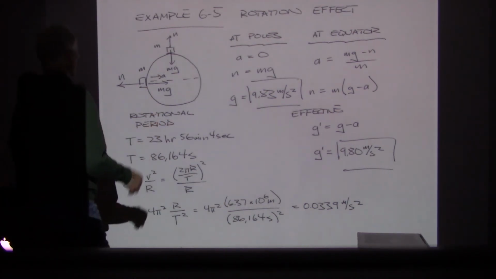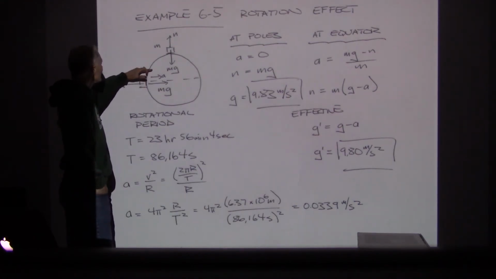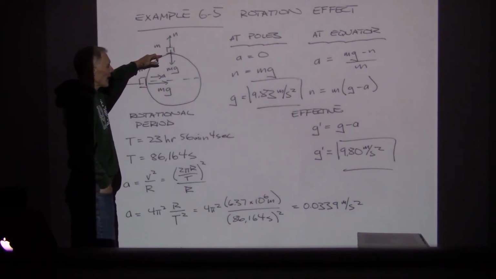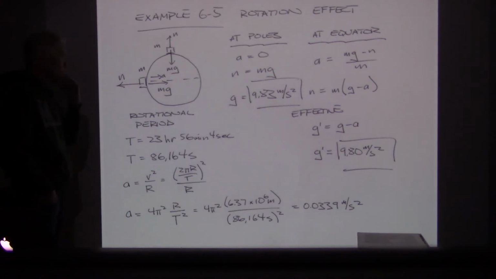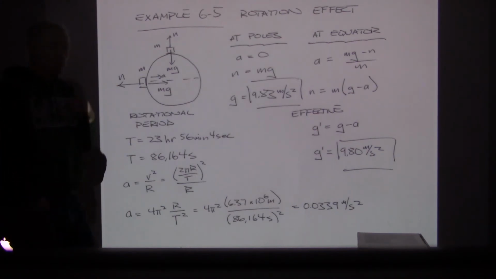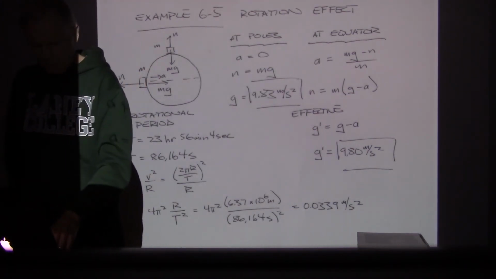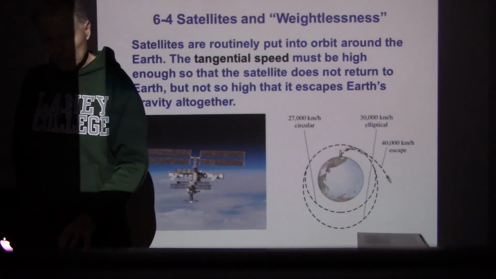Now, what would happen also is that at different latitudes, we will have varying amounts of this effect. All right, I carried a bunch of significant figures around, and that's the number that I've come up with. So effectively, that's what that would come out to be.